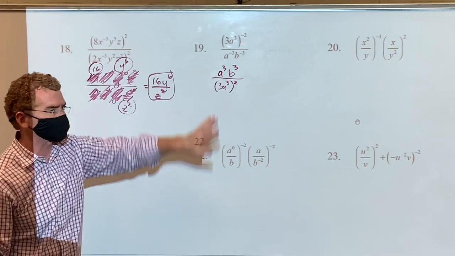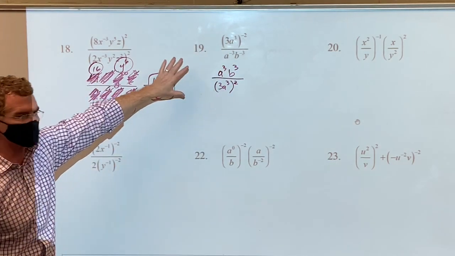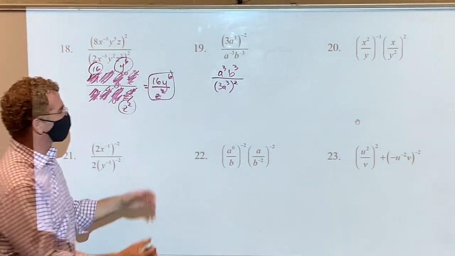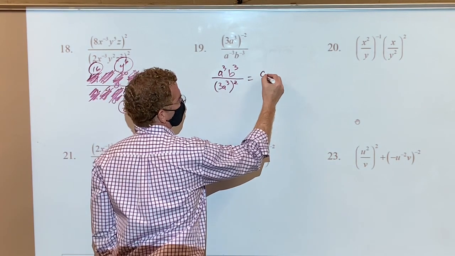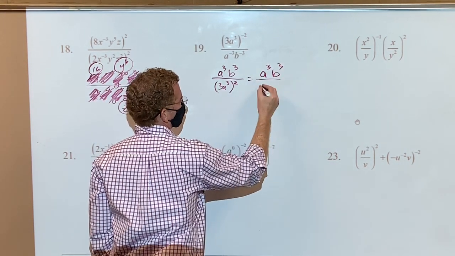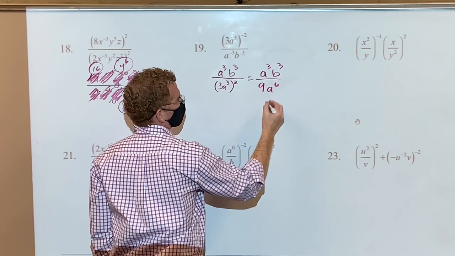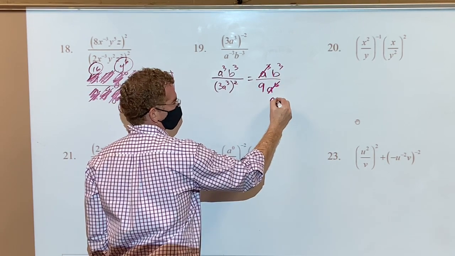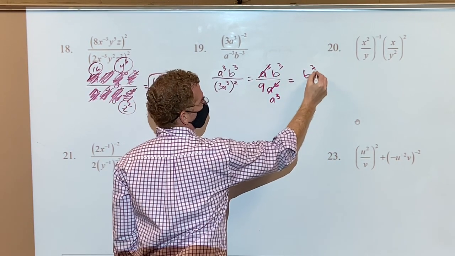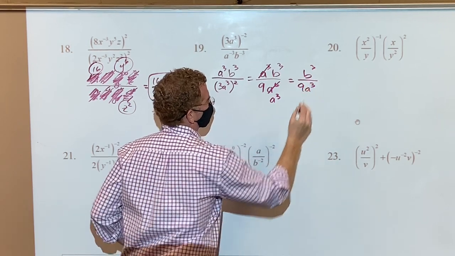And I can do that because I'm only multiplying and dividing, right? And then I could go about my business and square the bottom. This is option 1. And then I can cancel some a's out. So if you got b cubed over 9a cubed, you're in pretty good shape.